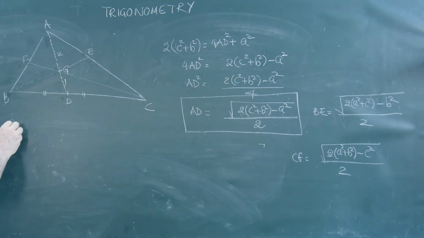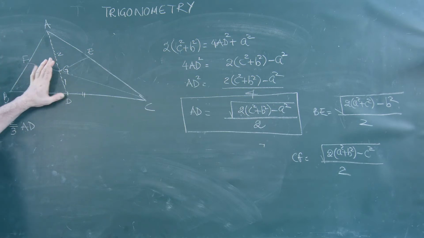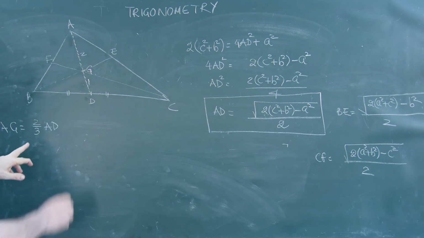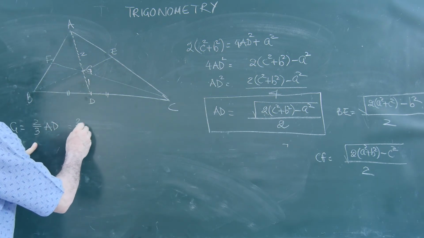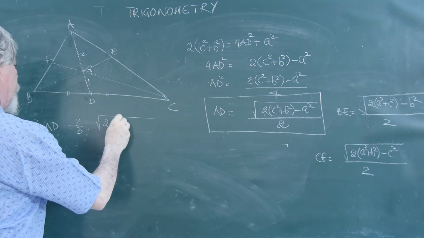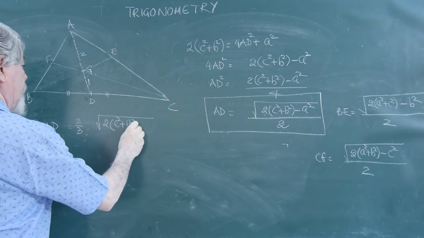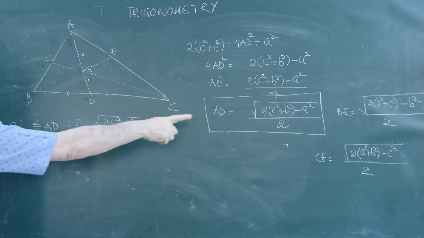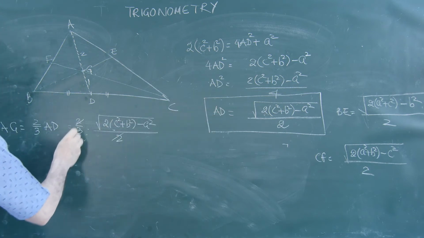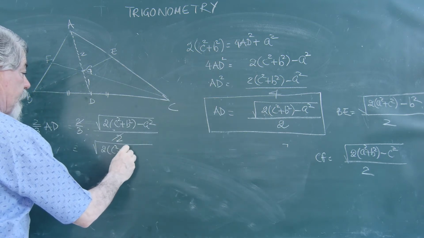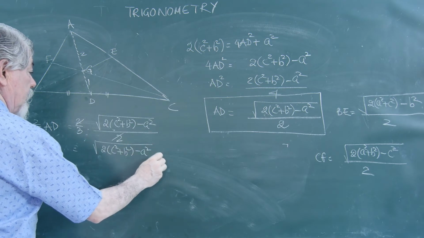AG will be 2/3 of AD, because the ratio is 2:1. And 2/3 of AD means 2 of C square plus B square minus A square upon 2, because this is the value of AD. So 2 will cancel, it will become 2C square plus B square minus A square upon 3.